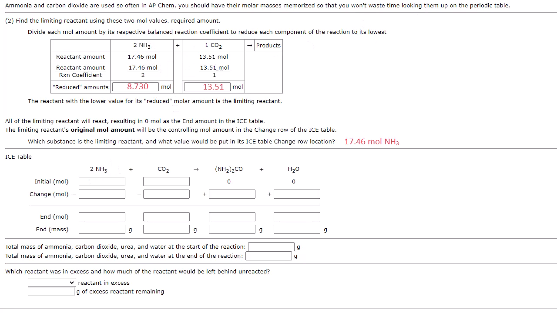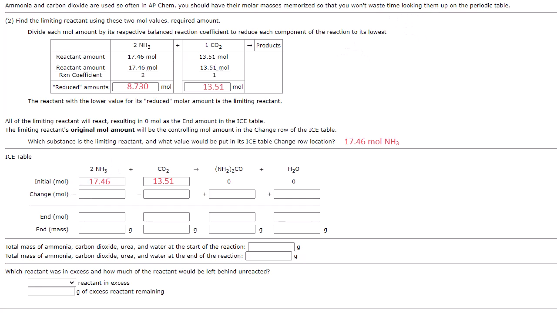So let's put those amounts in. We had the original amount, 17.46 moles of ammonia, and we have 13.51 moles of CO2. Put those in the initial row. Again, don't use these. Use the original reactant amounts.